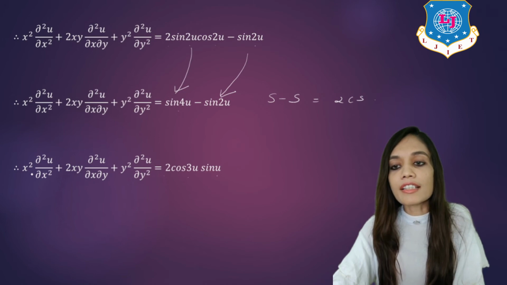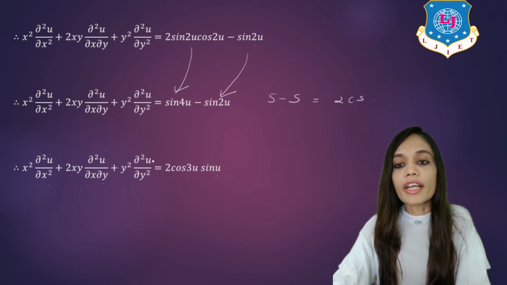So finally x square del square u upon del x square plus 2xy del square u upon del x del y plus y square del square u upon del y square is equal to 2 cos 3u into sine u, which is our desired answer.